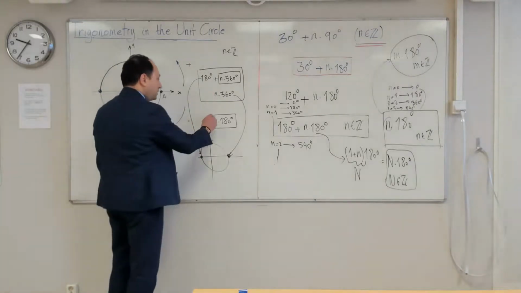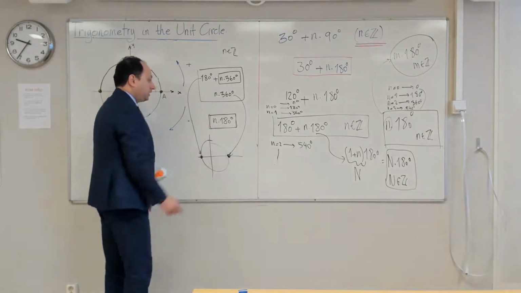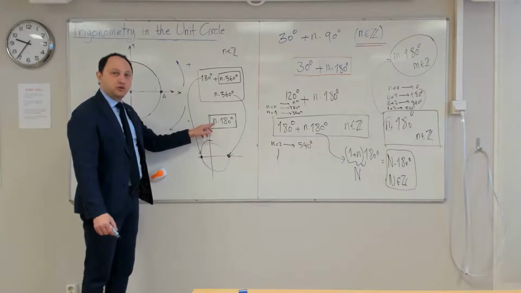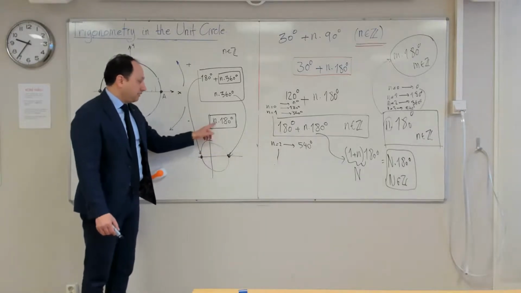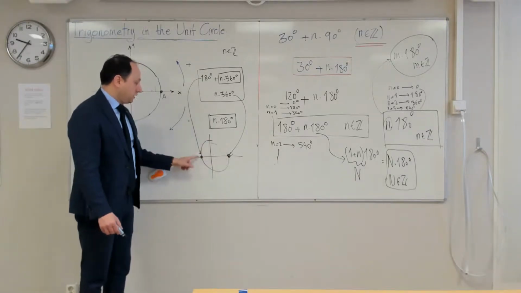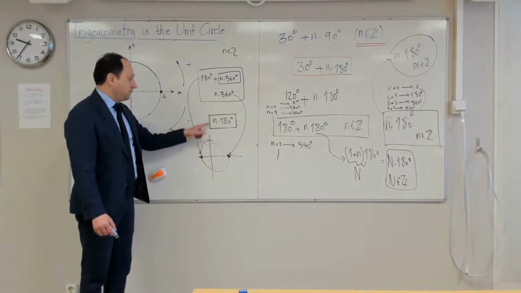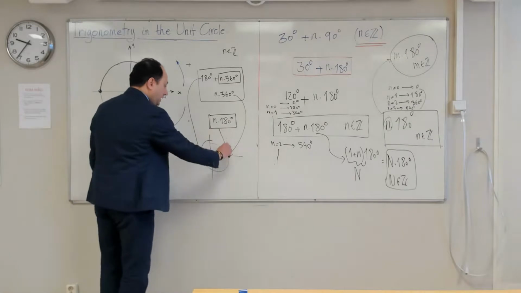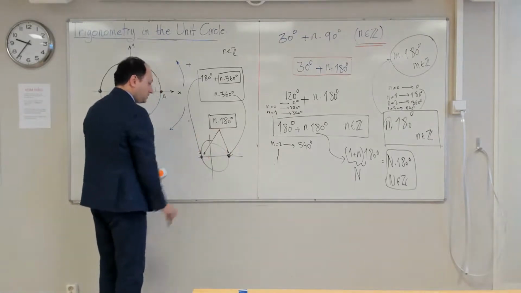I hope that you agree with me that this formula generates both of them. Because if I put n equal to 0, I get 0. If I put n equal to 1, I jump to 180. If I put 2, I jump to 360. So you see, this formula generates both of them simultaneously.